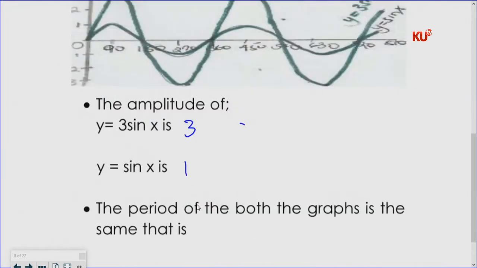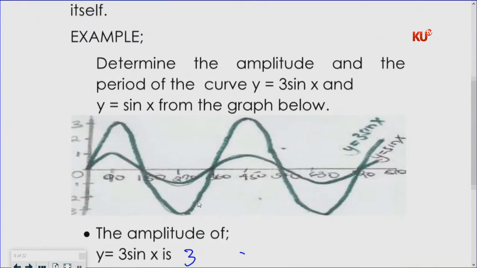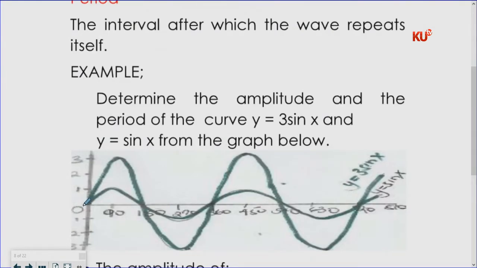And as you bear with me, let's look at the period of these two waves. Let's look at the second wave. This is the point at which the second wave starts going up. You follow it. Again, it's at the same point where the curve is repeating itself.